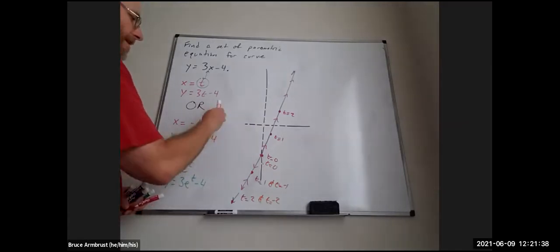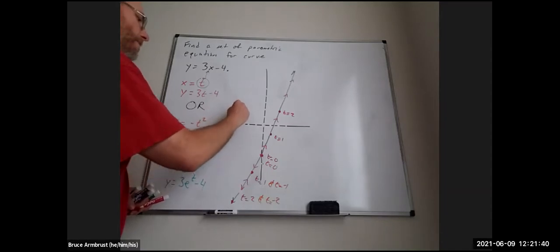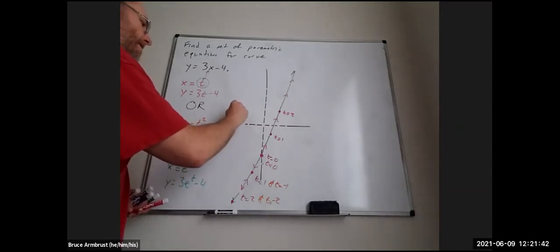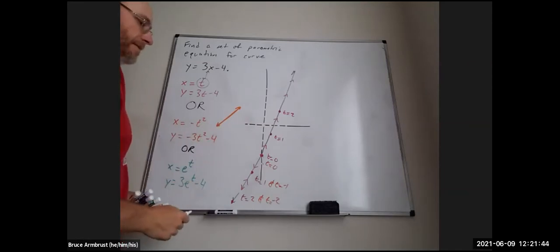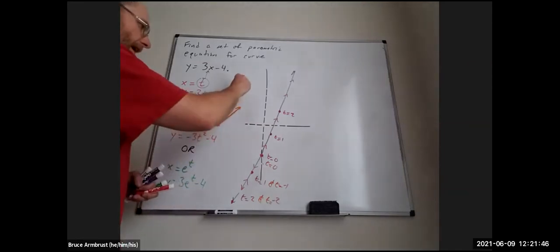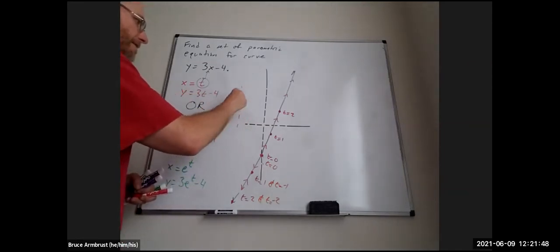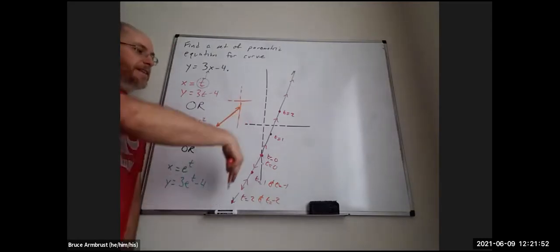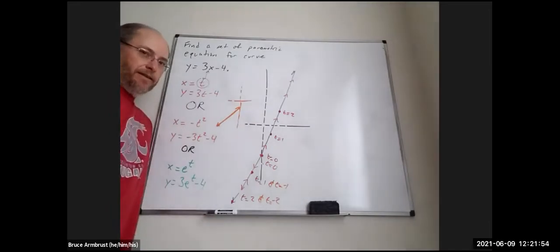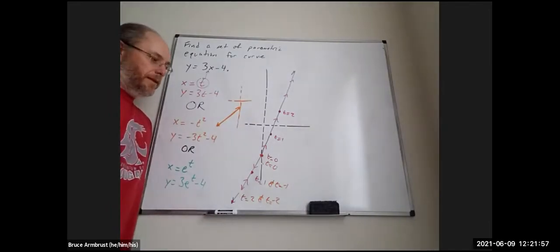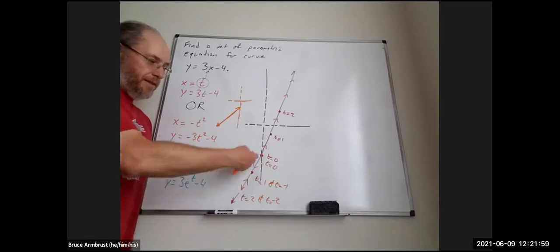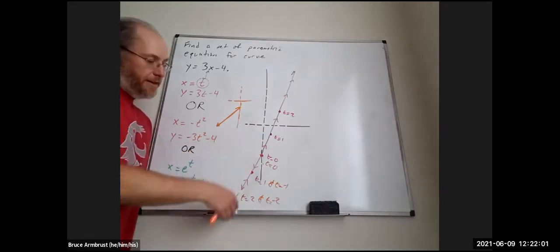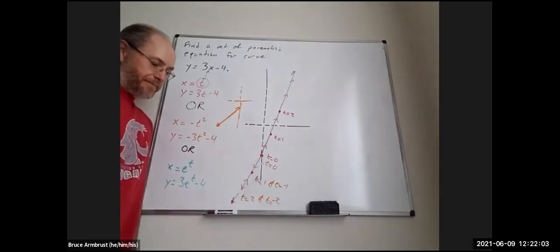I'm going to redraw it over here. It's going to go up on our graph and then come right back down, but it's going to stop at the axis. So this second one doesn't actually give us the entire line. It only gives us this part that's to the left of the vertical axis.